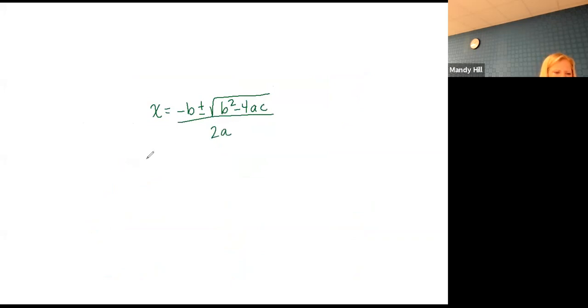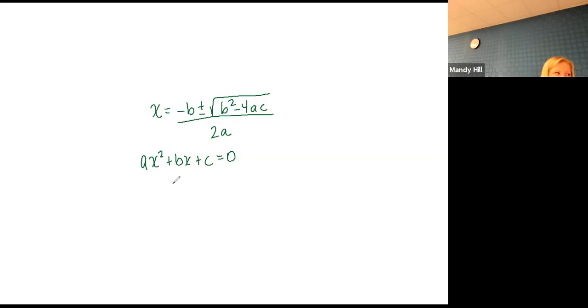So at the very beginning of this lesson, we talked about how ax squared plus bx plus c equal to 0 was the general form of a quadratic equation. And the reason that we need the quadratic formula is sometimes in a problem, we can't think of what multiplies to another number and adds to the number because perhaps there's not anything that will work.